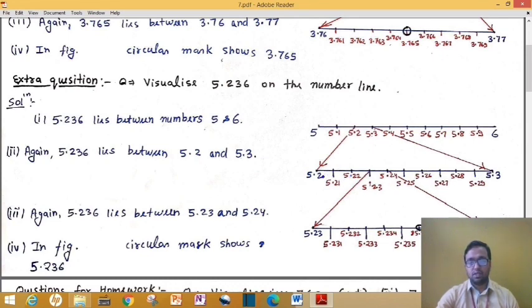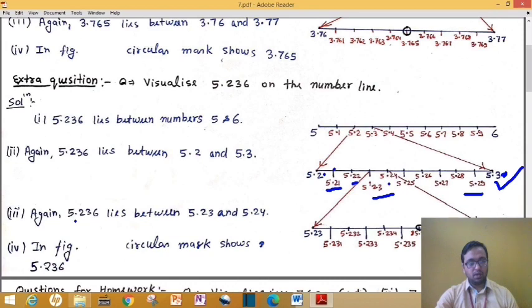Just think in your mind, this is 5.20, and this is 5.30. Now between 20 and 30 we can divide this line in 10 parts. The first part will be 5.21, then 5.22, 23, 24, and so on. The second last will be 29, and at the last we will write 30.